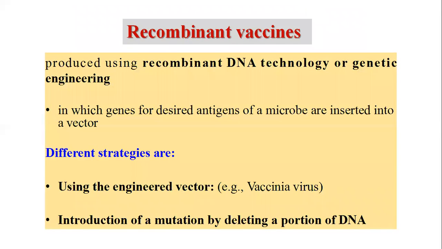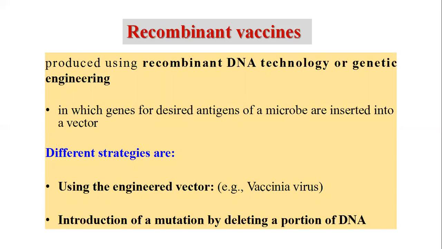Now we come to a different type of vaccine, known as the recombinant vaccine. Recombinant vaccines are produced using recombinant DNA technology, or the technique known as genetic engineering, where genes for the desired antigen of a microorganism, which may be a virus or bacteria, are inserted into a plasmid. The plasmid is called a vector.